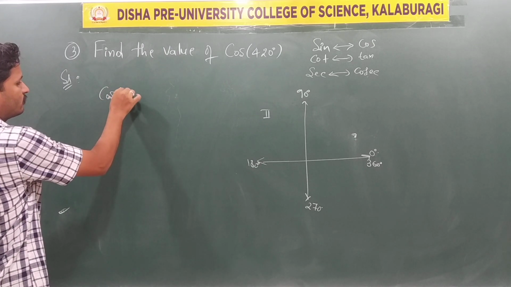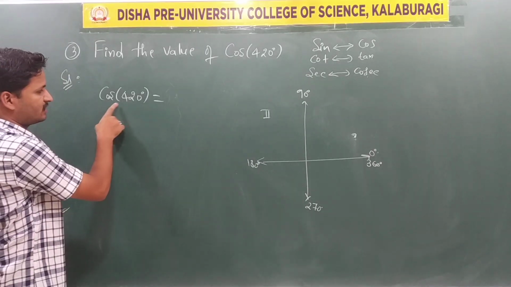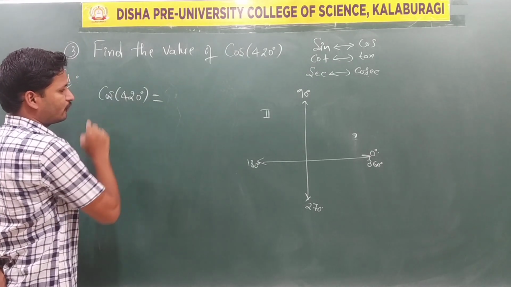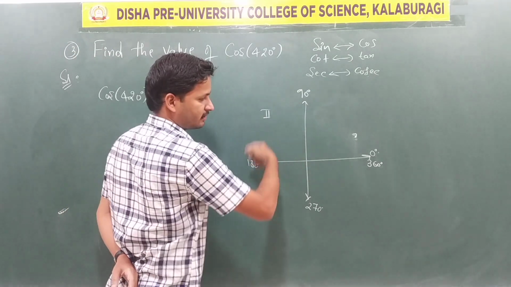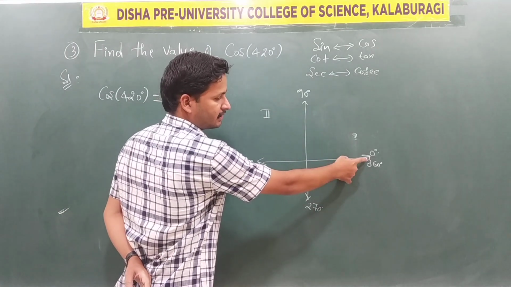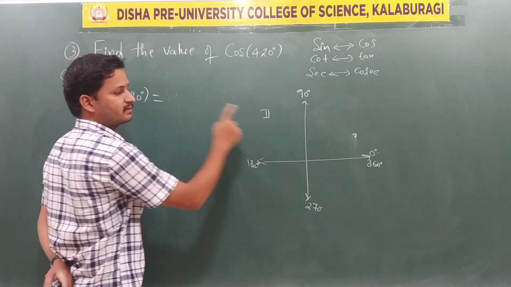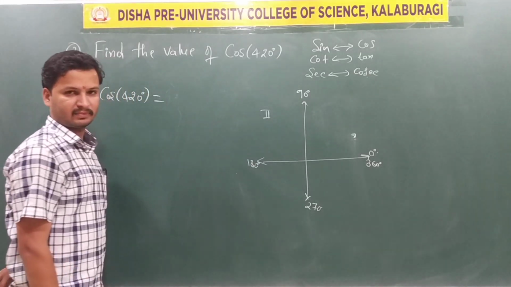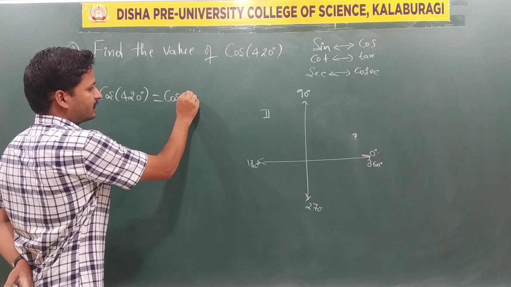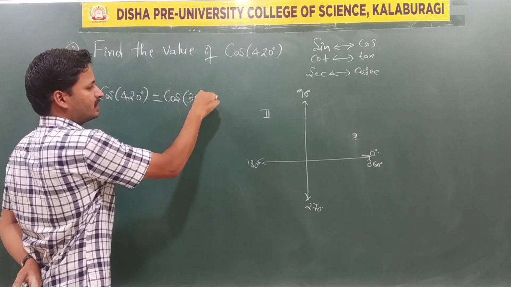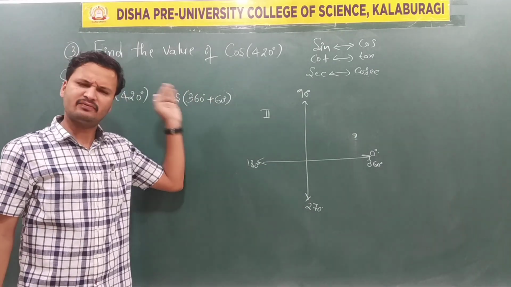Cos of 420 degree equals. See here, 420 degree is more than 360 degree. That means after one complete rotation, correct? Here 360 degree is there. That means this 420 can be written as 360 plus something. So cos of 420 degree can be written as 360 degree plus 60 degree. 360 plus 60 is 420.